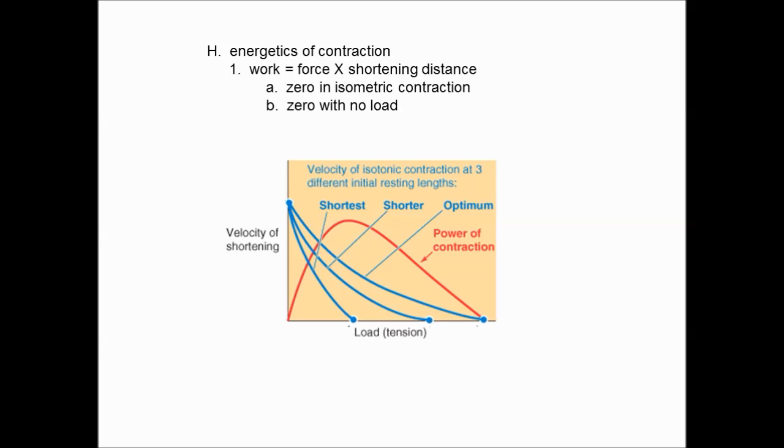People will argue about that because isotonic exercises definitely seem to require a lot of ATP. But in the classic definition in physics, you don't get any work if you don't move the mass. And so the greatest work is here in the middle of the scheme, where you get the greatest velocity at a kind of average type load.